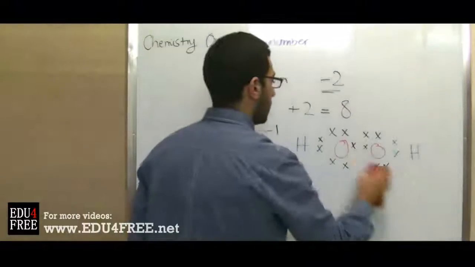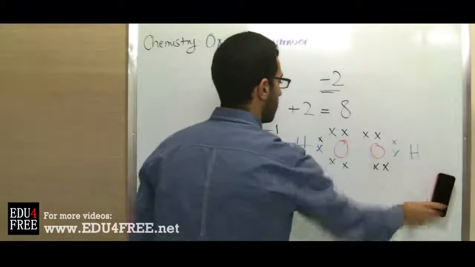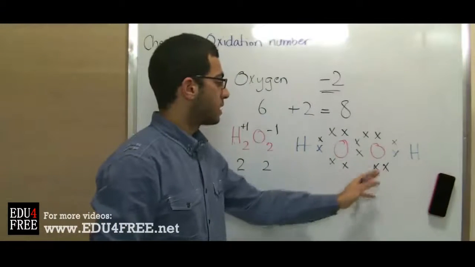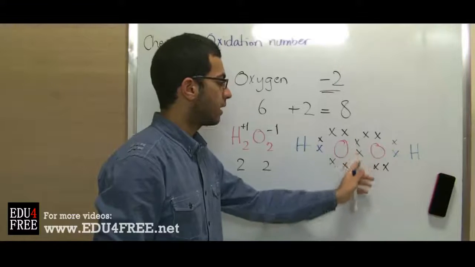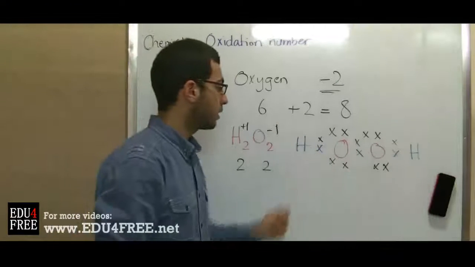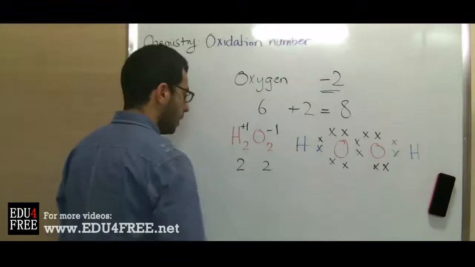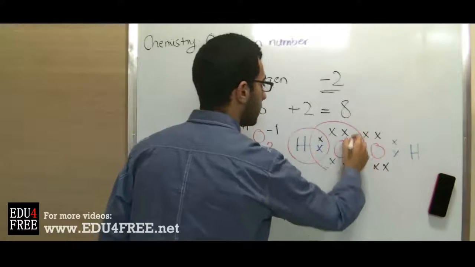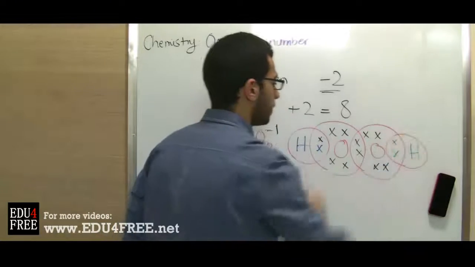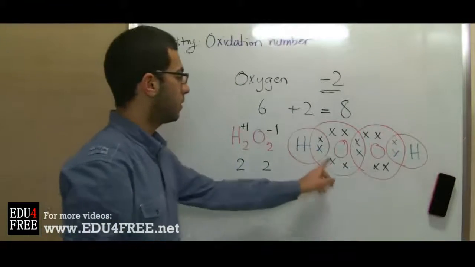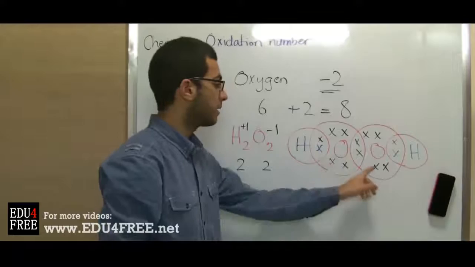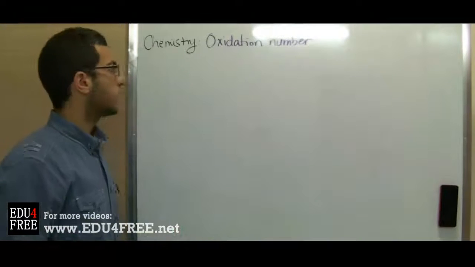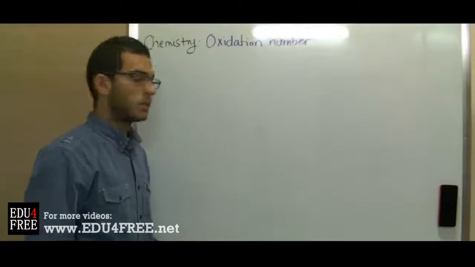So here we will have the electrons like this. The 2 oxygen atoms each share an electron, and at the same time the hydrogen shares 1 electron. So if we look at each atom, we will find that its outermost energy level is completely filled. Hydrogen contains 2 electrons. Each of the oxygen atoms contains 8 electrons in its outermost energy level, and also this hydrogen contains 2 electrons.